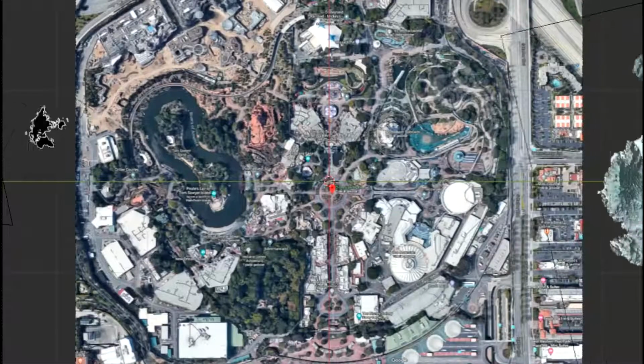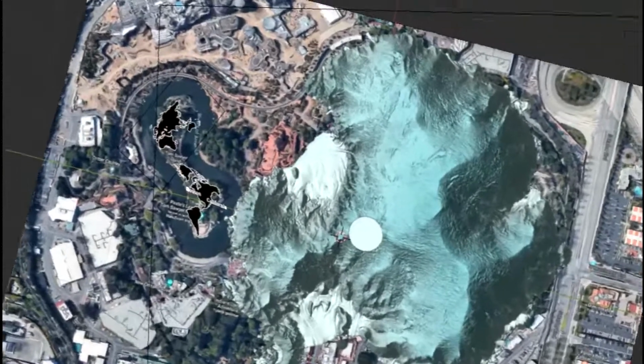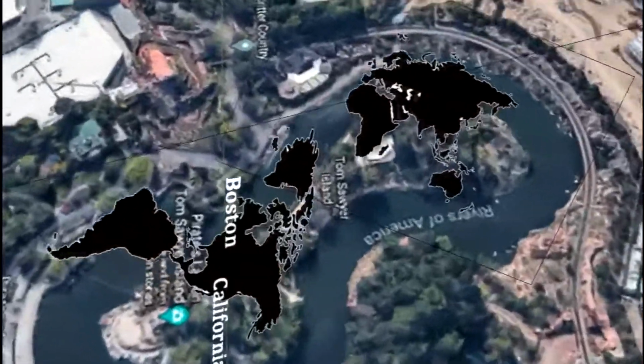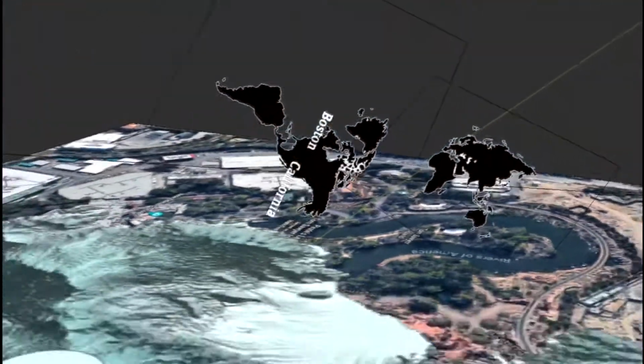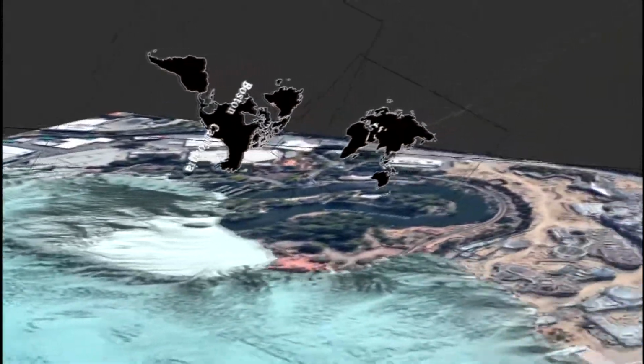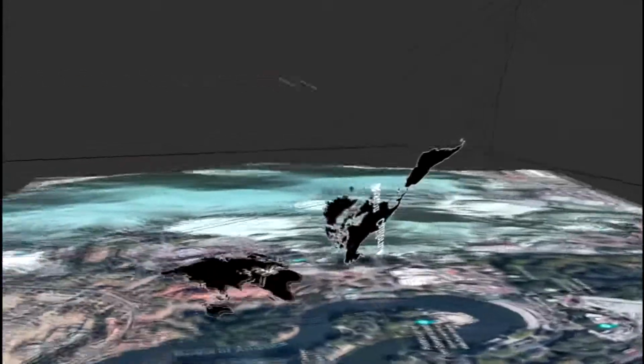Let's play the same trick on the Disney World map. And what you noticed, of course, is that the Americas are flipped vertically. Take a look from the Antarctica perspective.